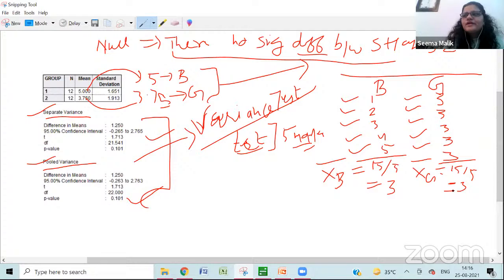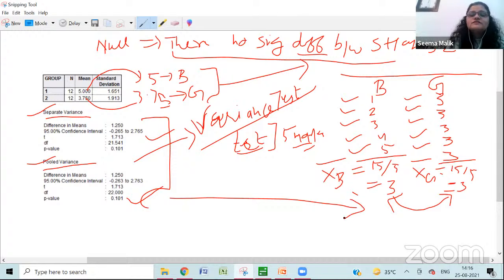Apparently, the mean of boys and girls are the same. It means this test will give the result that there is no difference between boys and girls, because both are the same.